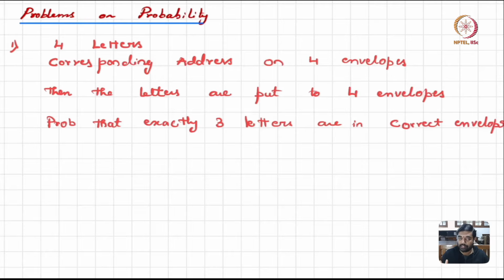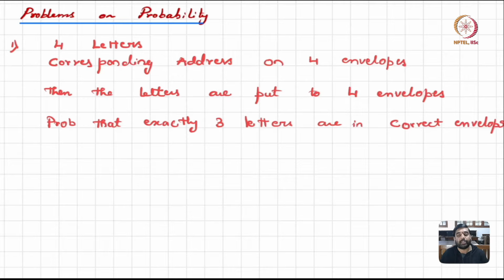So, you have four letters. Exactly three of them should be in the correct envelope. Now, this is a very interesting question. The reason being, if I have four envelopes and four letters, if three of them are in correct envelopes, then the fourth one has to be there. Correct?